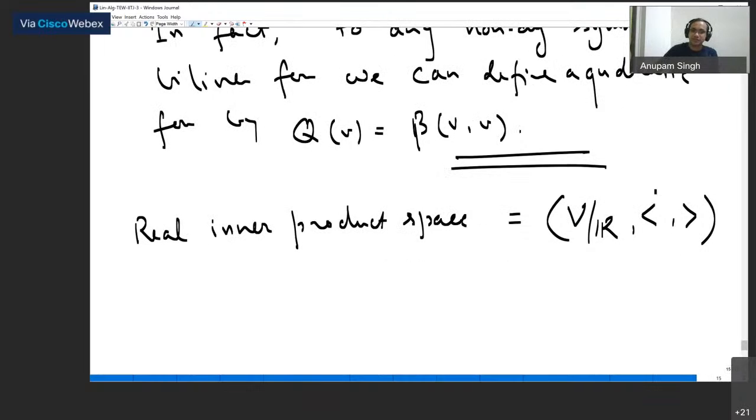So this is basically that particular beta here, what we have written in this symbol. Or it's also called Euclidean space, or we'll simply call it Euclidean space.